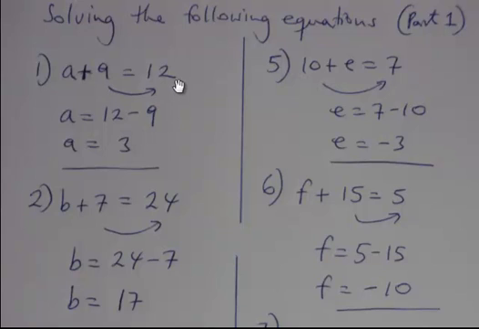When you bring it to the other side, the sign changes. Very important. From positive, it becomes negative. So A is equals to 12 minus 9. From positive to negative. So A is equals to 3.